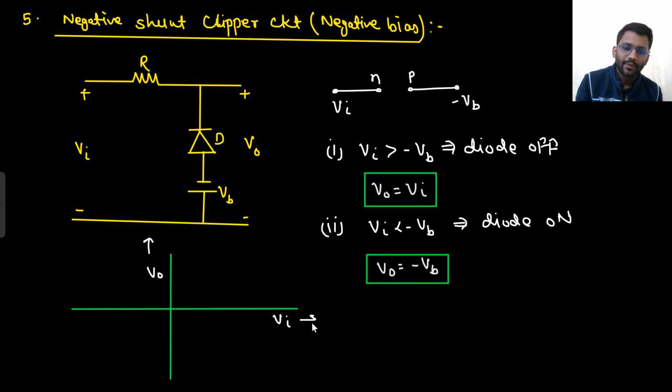What is our transition point? That is minus VB. So for greater than that, it is always equal to V in, and for less than that, it is always equal to minus VB.